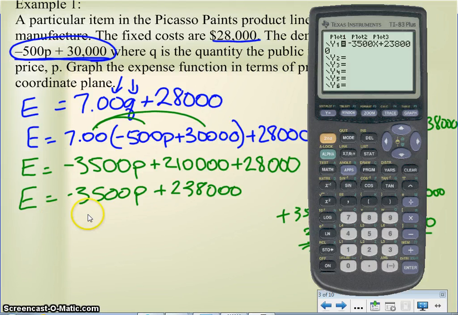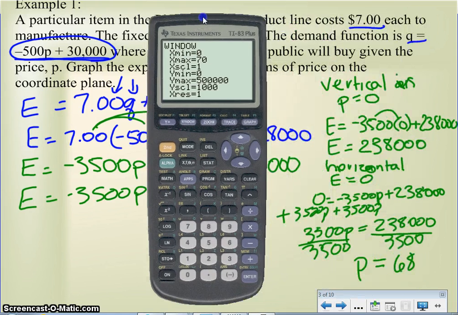Now here's why we solved for our intercepts. We need to go to our window, and our window is going to be from 0 up to a little bit higher than that 68, so we're going to go to 70. Then for our x minimum, we start at 0 and go up to 500,000.